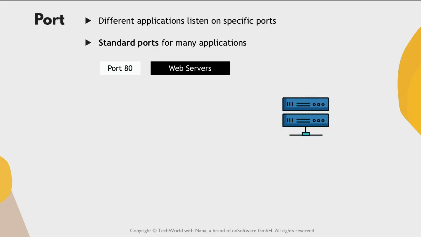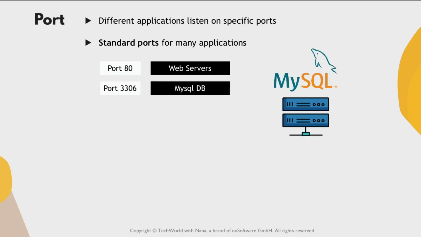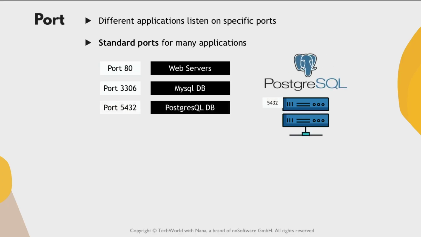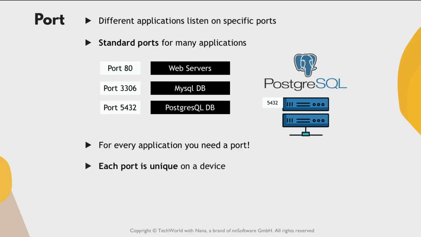Other applications like databases also have standard ports. Like a MySQL database is usually accessible on port 3306, PostgreSQL on port 5432, and so on. So for every application, you need a port to communicate. And each port is unique on a device. So you can't have two applications listening on the same port.